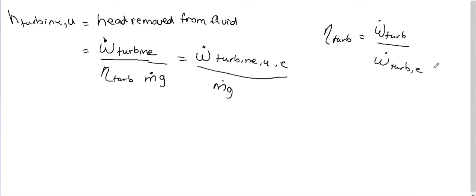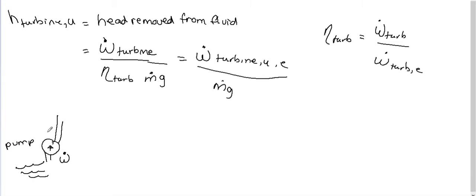Now I'm just going to quickly draw this out to help you understand what this looks like. So imagine we have some water here, and now we have some pump connected to it. So this is going to be my pump, and the flow is going this way. And this is the power that's going into the pump itself.